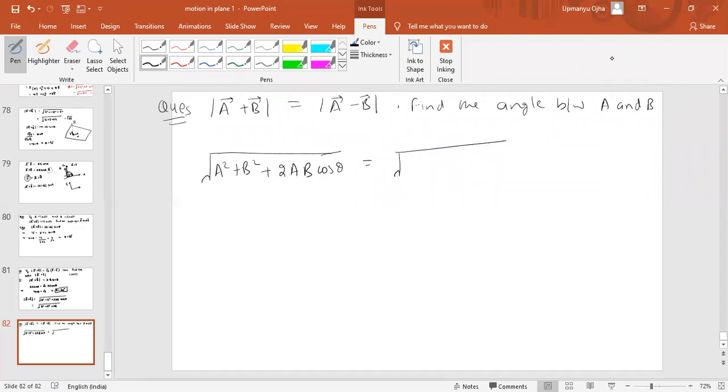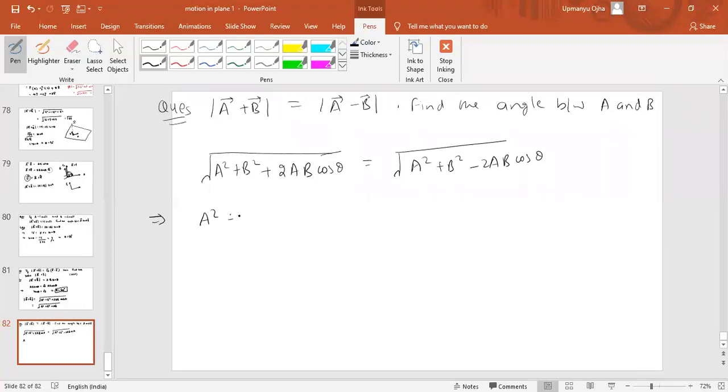A minus B means what? A square plus B square minus 2AB cos theta. Is this correct or not? Okay, so we can square on both the sides. If you square on both the sides, what will we get?